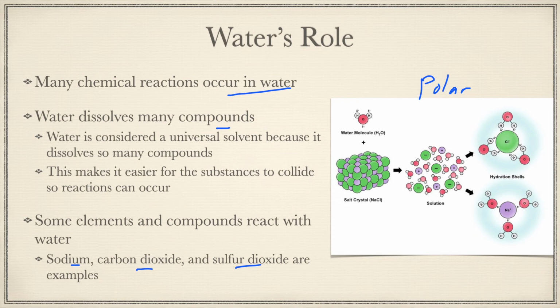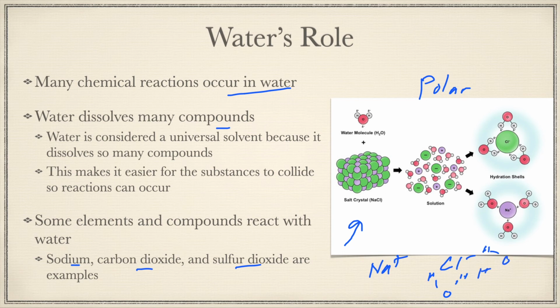For example, what happens with the way water dissolves things is, if we have salt, salt has sodium ions, which are positive, and chloride ions, which are negative. Remember, water has a positive end and a negative end. The positive ends of the water molecule, which are the hydrogens, would be near the chloride.